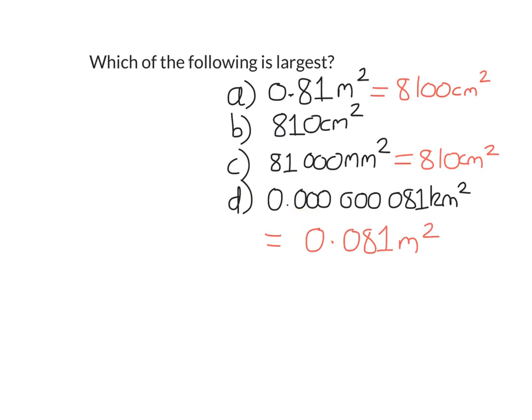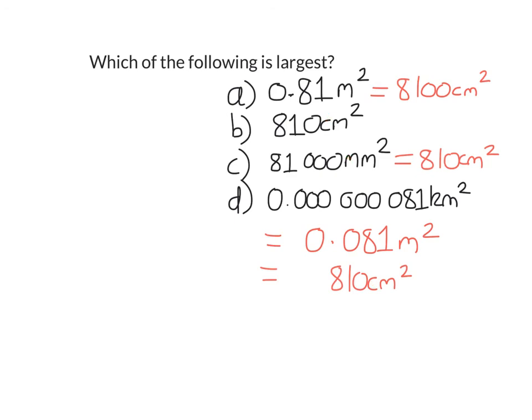There are 7 there. Okay? So then to convert it to centimeters squared, remember the way we go from meters squared to centimeters squared is we times by 100 squared. So if I do 0.081 times 100 squared, I get 810 centimeters squared.